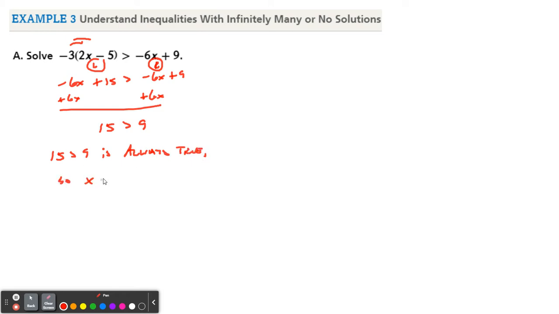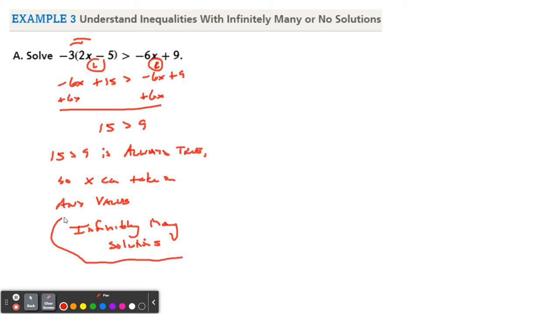So x can take on any value. And this is where you get infinitely many solutions. So any real number value for x would make this inequality true.